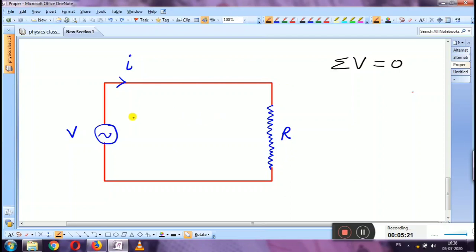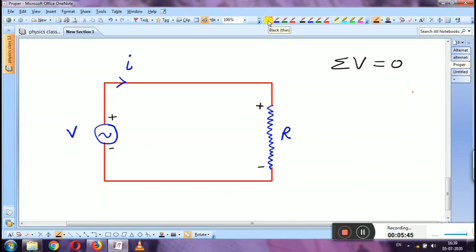Then let us see. Here we considered a positive polarity, here we considered a negative polarity at that instant, and if current will enter from this side of resistor, then we will take it positive and we will take it as negative. Then let us apply Kirchhoff's voltage rule here.